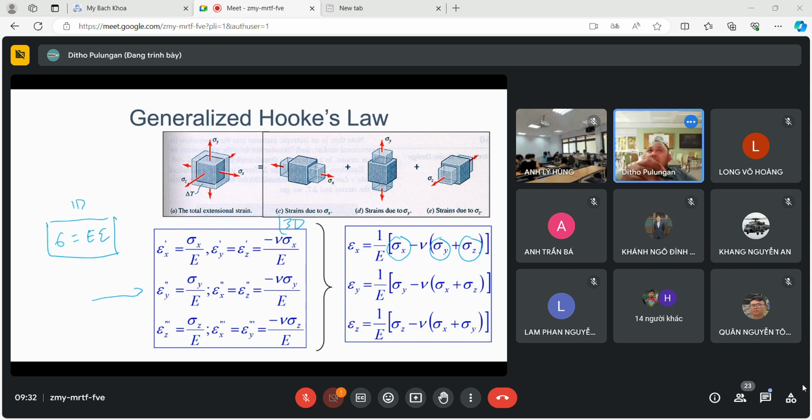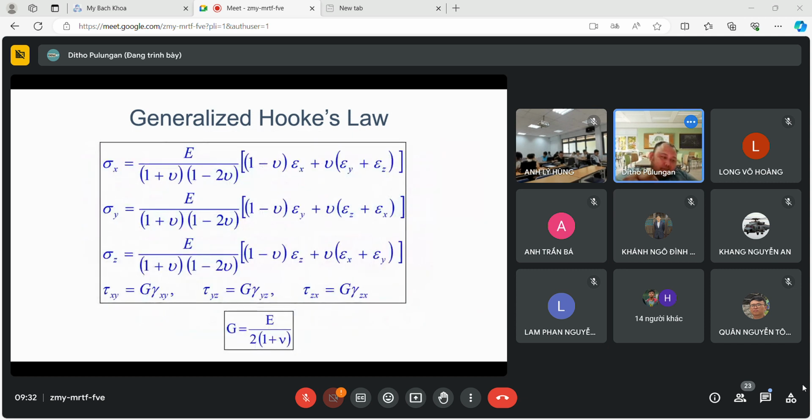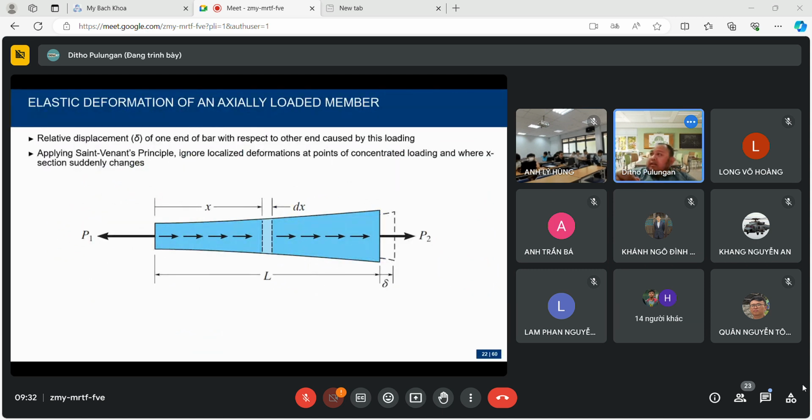You don't need to memorize this. I don't think it will be in the exam, but I just want you to know that this exists. This is the generalized Hooke's law in the 3D case. Any questions?